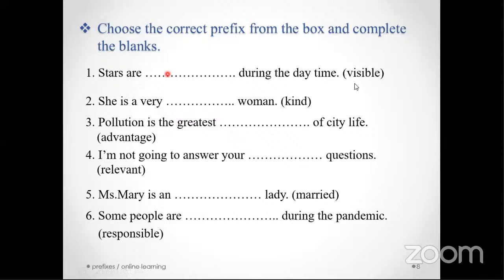I have given the base words, root words here. So place a suitable prefix before these words and write them down in the blanks, right? Please do it, and I will enable the chat and you will be able to put your answers in the chat.